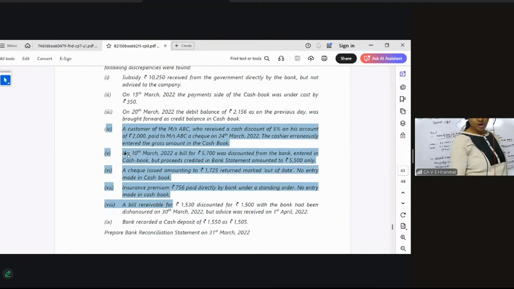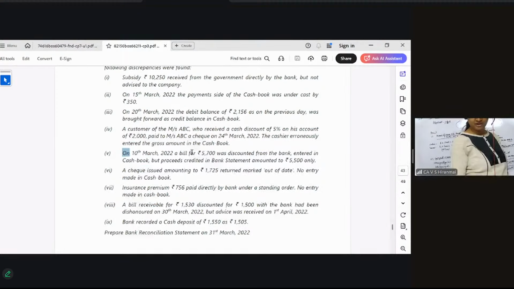Now, the fifth point. On 10th March, a bill for 5,700 was discounted from the bank and entered in the cash book, but the proceeds credited in the bank statement amounted to 5,500 only. That means you have discounted a bill from the bank for 5,700, entered in the cash book, but in the bank statement only 5,500 is credited.